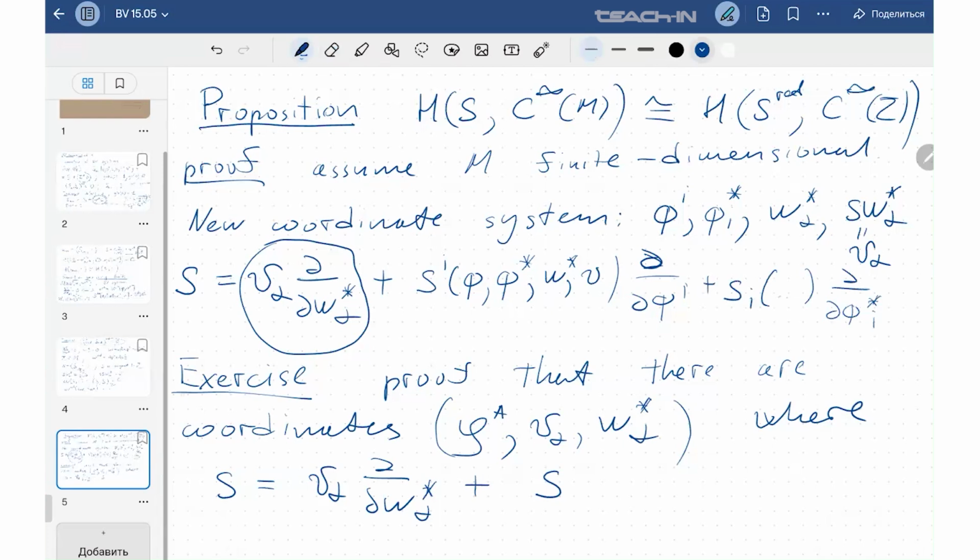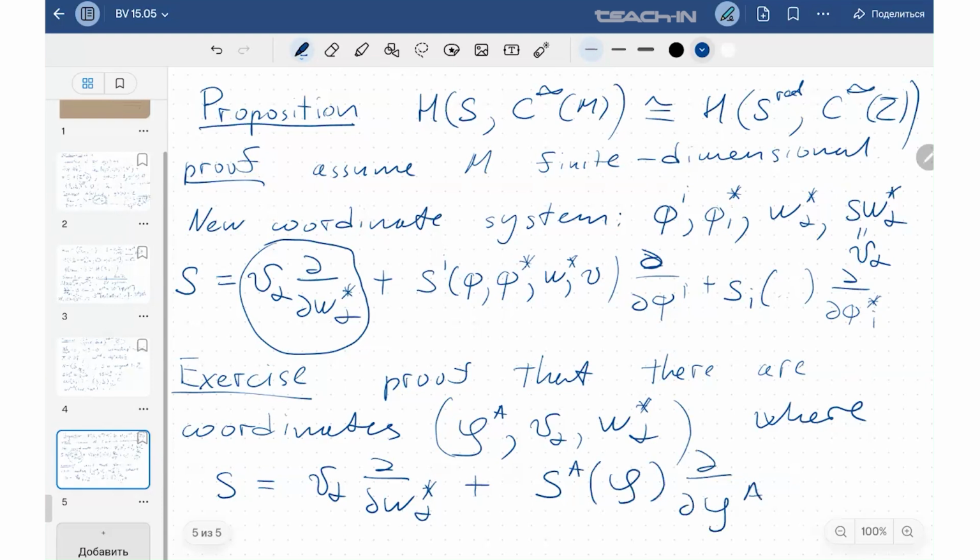And so what can we check? We can check that we can actually modify coordinates phi and phi star, I call all of them all together var phi, such that the differential starts to have the structure like this. It's S A of phi only, d over d phi a.